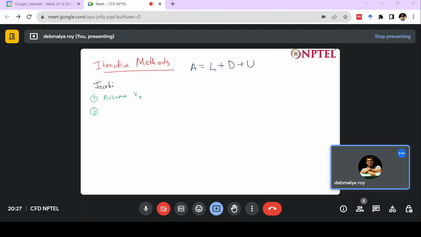So here we will have this new x1. There will be D inverse, obviously.